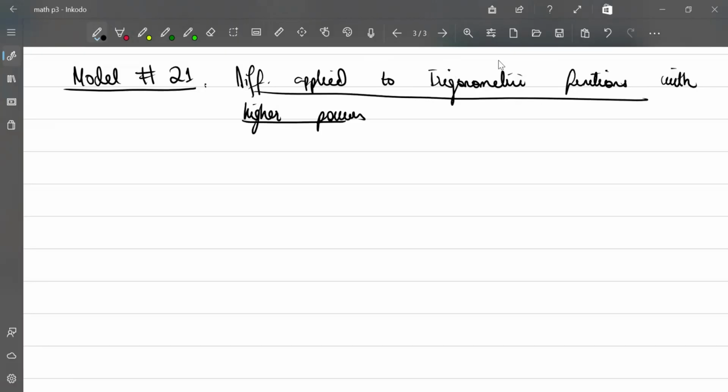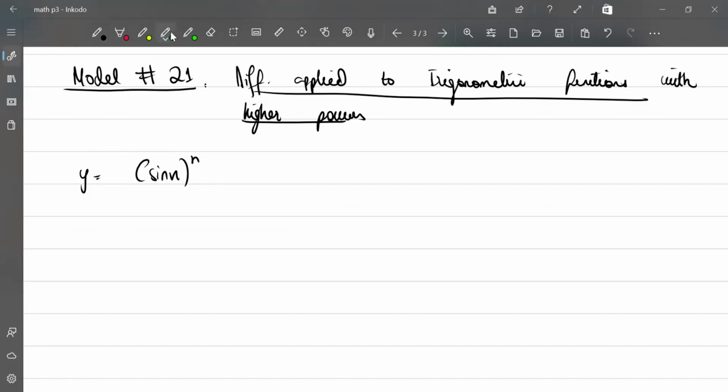All right. So just simply know that whenever you are differentiating trigonometric functions with higher powers, let's say sine x to the power n, you're just going to treat it like normal differentiation, right?